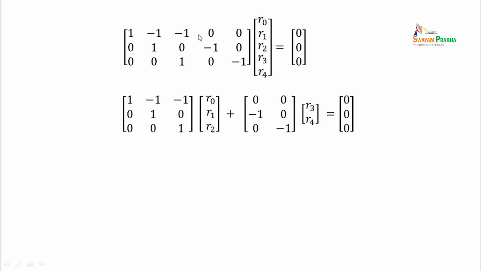That will essentially be the same as this. You can test it out. So minus 1, minus 1, minus 1, 0, 1, 0, 0, 0, 1. This corresponds to R0, R1, R2, so we have written that separately. And 0, 0, minus 1, 0, 0, 1. This corresponds to R3 and R4, and so we have written them separately, equal to 0, 0, 0.